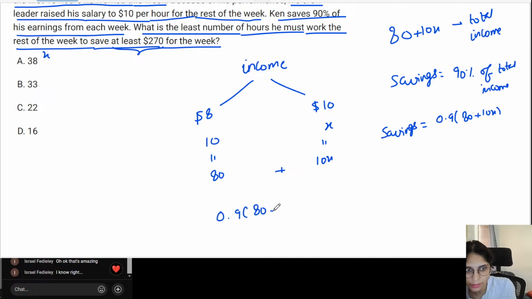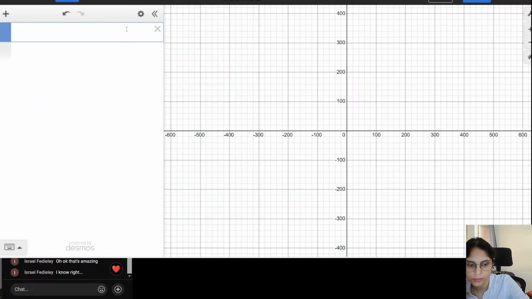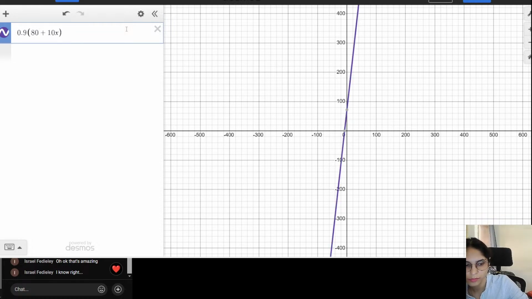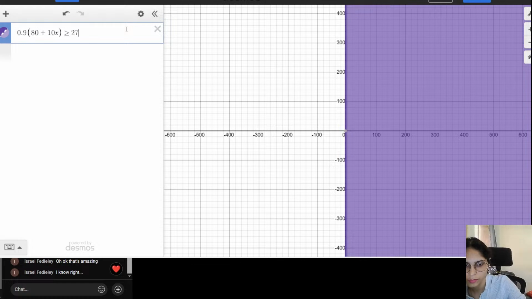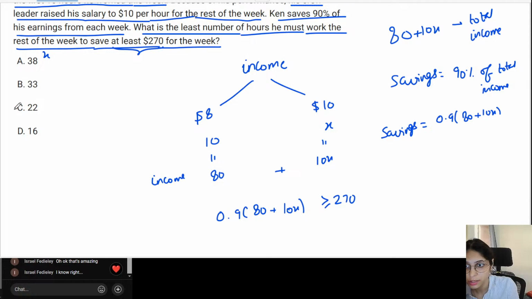So 0.9 times (80 plus 10x) has to be greater than or equal to 270. So the minimum number of hours he should work for the rest of the week is 22.